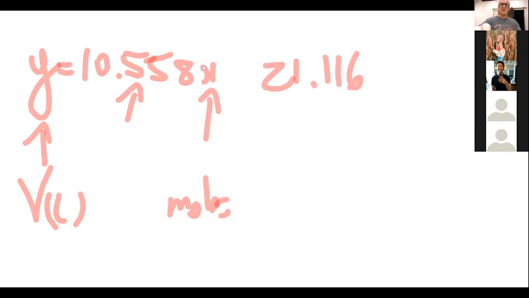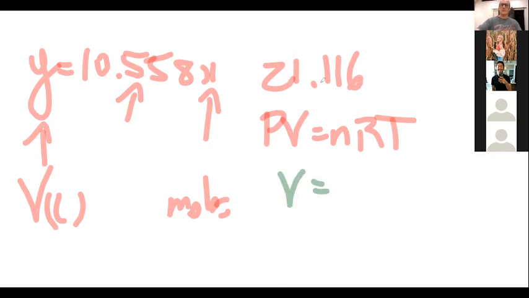So let's figure out what that slope is. We did this earlier. If we go back to the ideal gas law, Y is our volume. I want to isolate volume by itself. So volume is going to be equal to n RT divided by P, right?